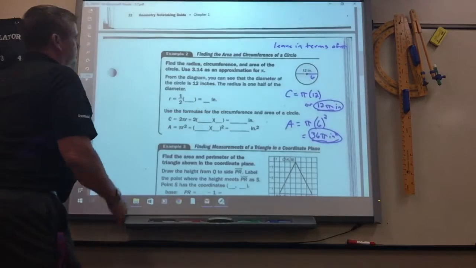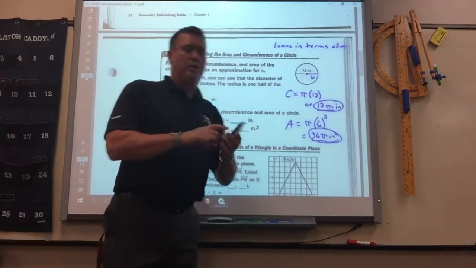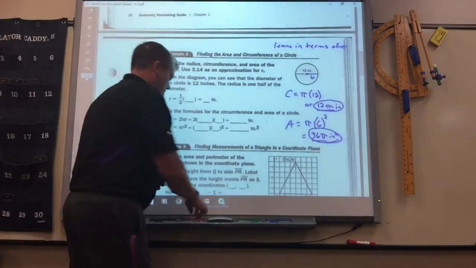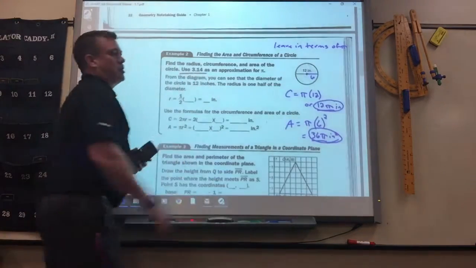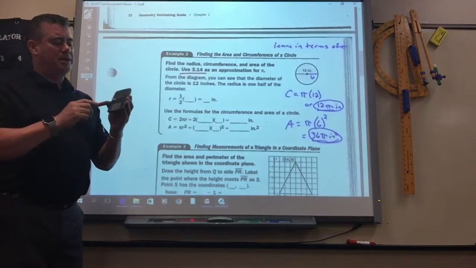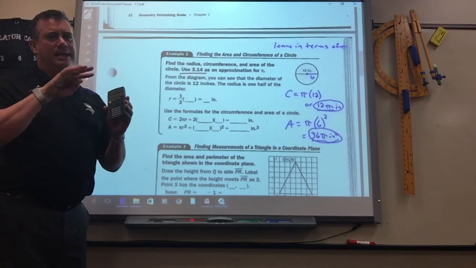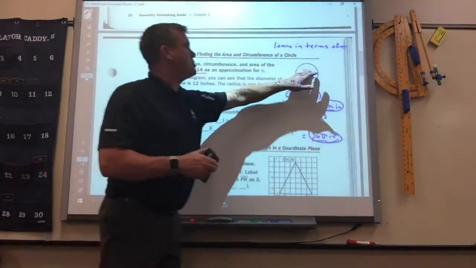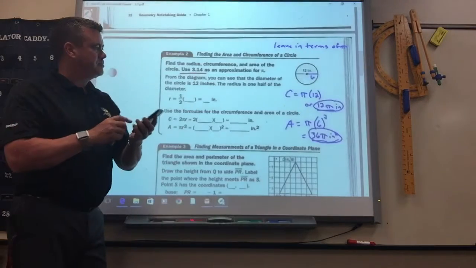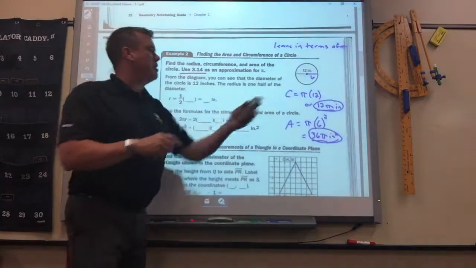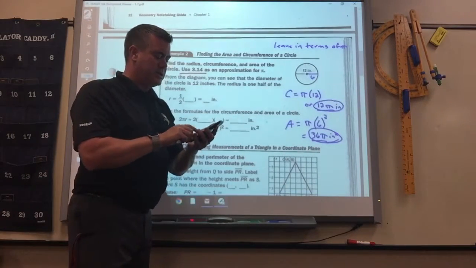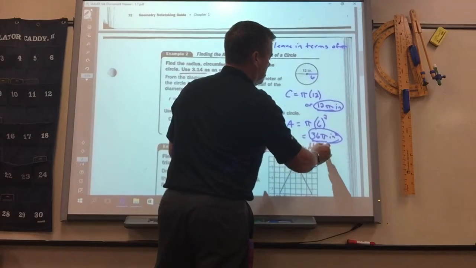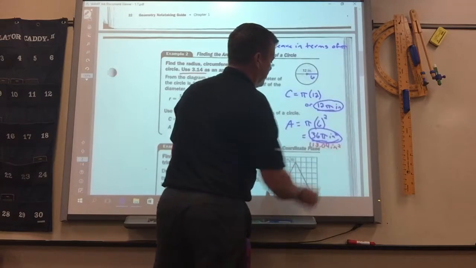So, just so you know, when we do circle stuff, sometimes they'll tell you, like right here, use 3.14. There is a pi button you can use, but you may get a little different answers. It still would be correct. The bigger this number is, the more it's going to vary. So like the circumference, or I'll just do the area, 36 times 3.14 is 113.04 inches squared.